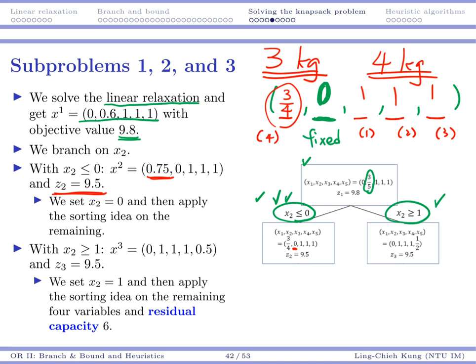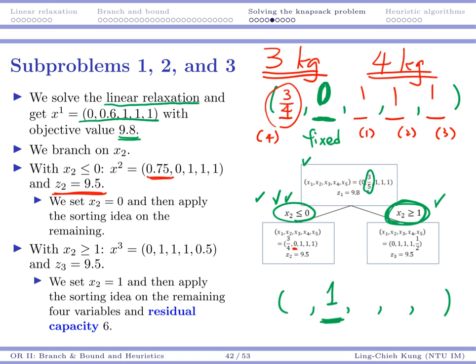So here we have a constraint saying that your x2 must be 1. So in that case, what does that mean? Your x2 must be 1. You have no other choice. And once you say your x2 must be 1, that's going to consume some capacity for your particular knapsack.